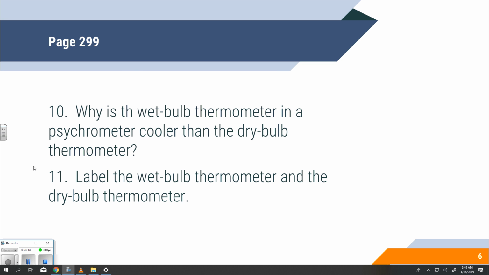The thermometer reads the cloth temperature.